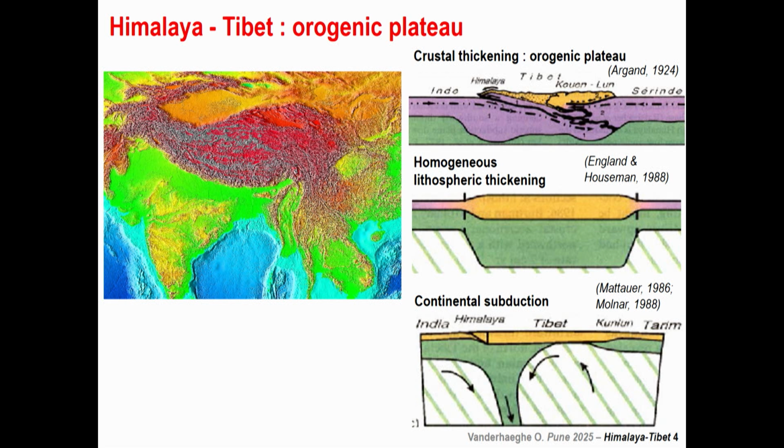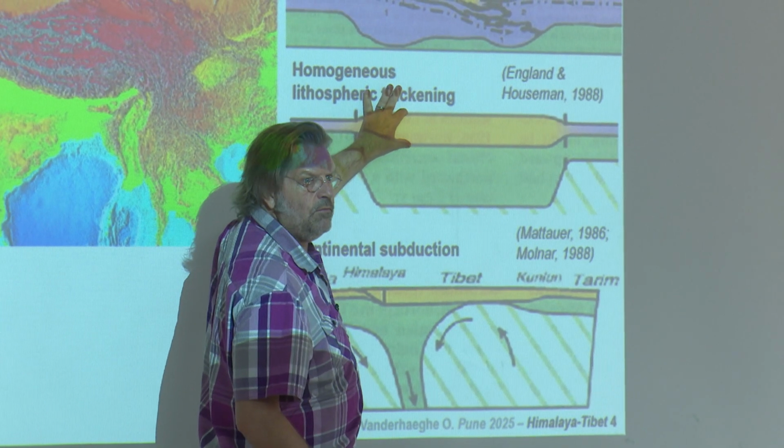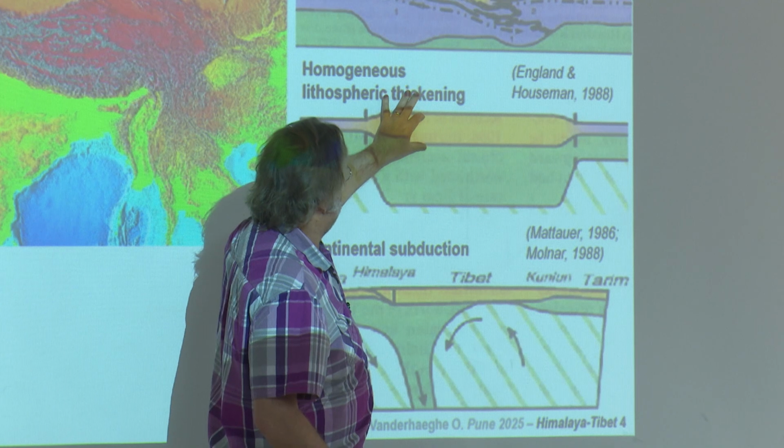So we move forward several tens of years, and then we have the homogeneous lithospheric thickening model, which was proposed after the indentation, the punch model, rigid indentation of India into Eurasia. And here the idea was that after collision, thickening would be homogeneous at the lithospheric scale.